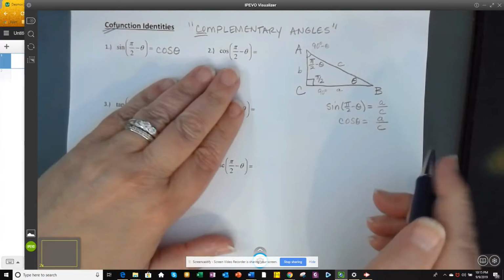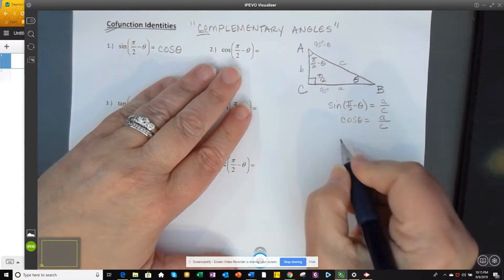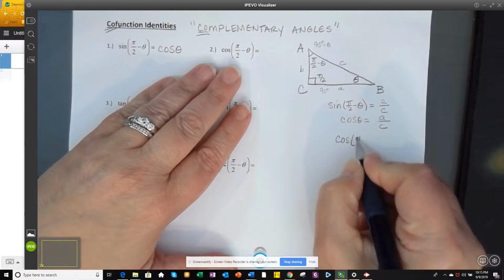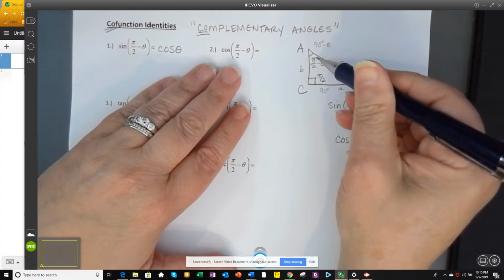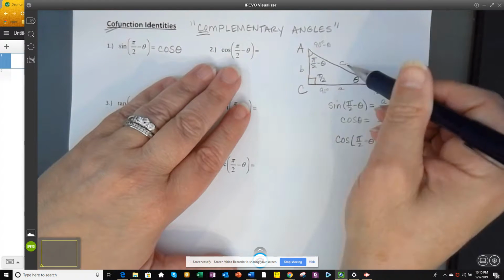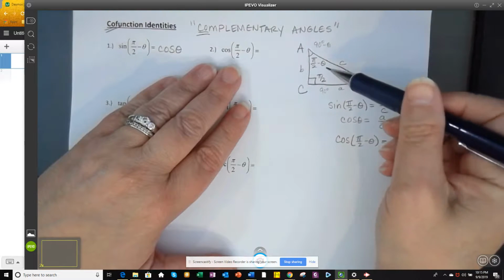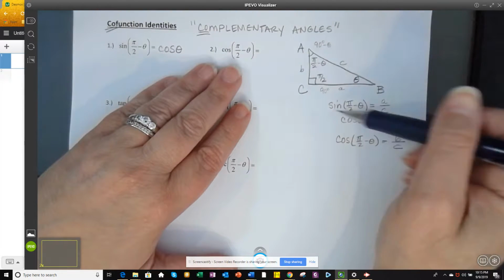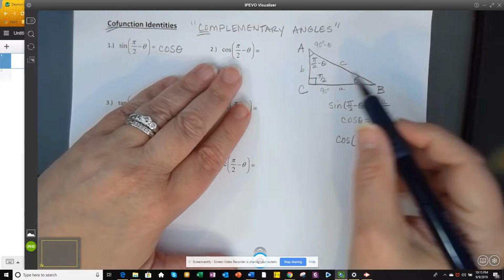Now, what happens if I want to find the cosine of pi over 2 minus theta? Well, if I want the cosine of pi over 2 minus theta, that would be b over c. And then what if I tried to find another trig function that would give me b over c?